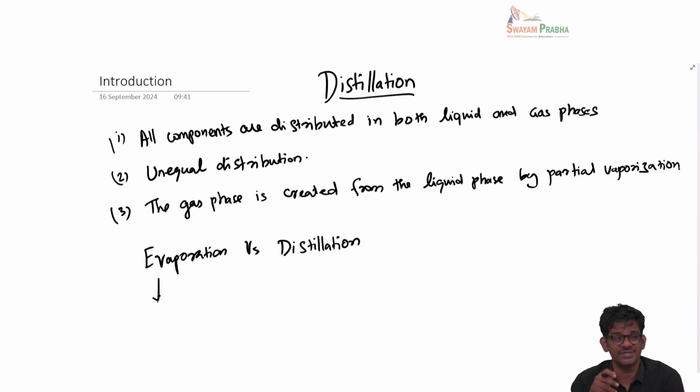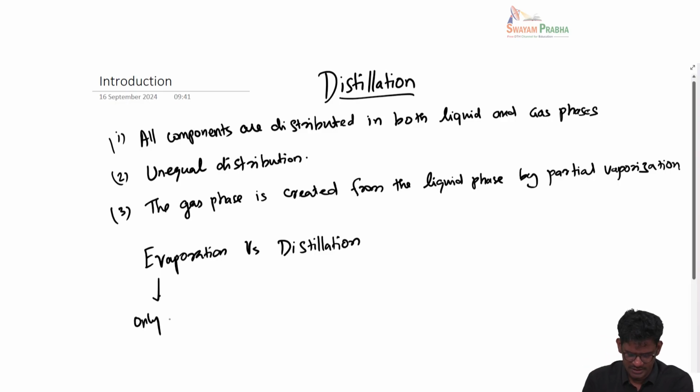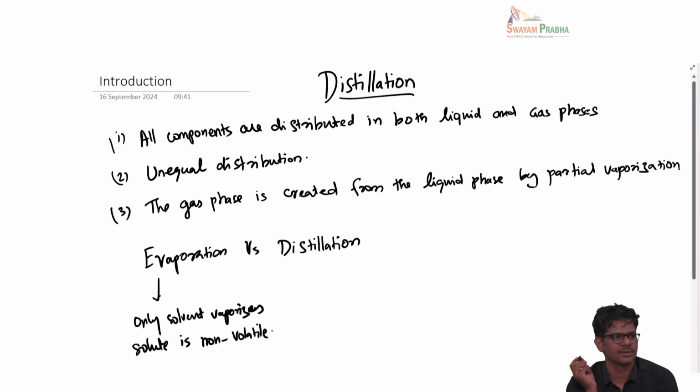The solute, which is salt here, will not be present in the gas phase. Okay. So, such an operation we call an evaporation. Only solvent vaporizes. Solute is non-volatile. Whereas distillation, on the other hand, as I said before, both components are volatile, both are evaporating into the gas phase. Okay.